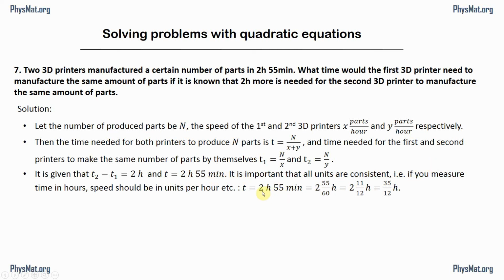So what is 2 hours and 55 minutes? It's 2 and 55 sixtieths of the hour, or 2 and 11 twelfths of the hour, or 35 twelfths of the hour.